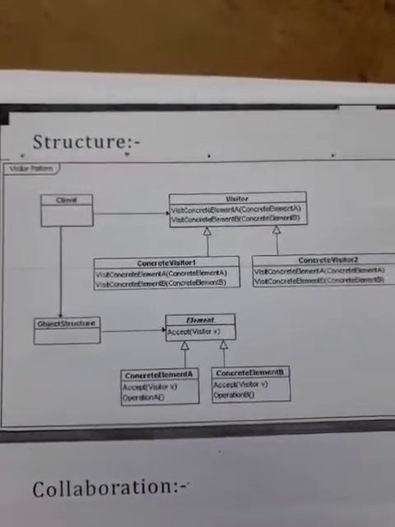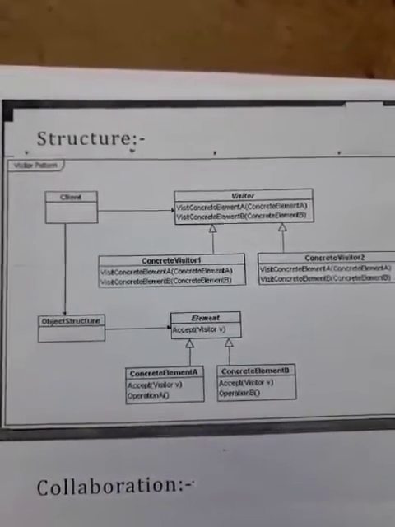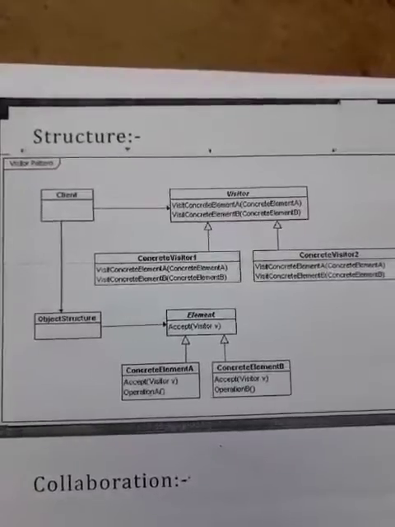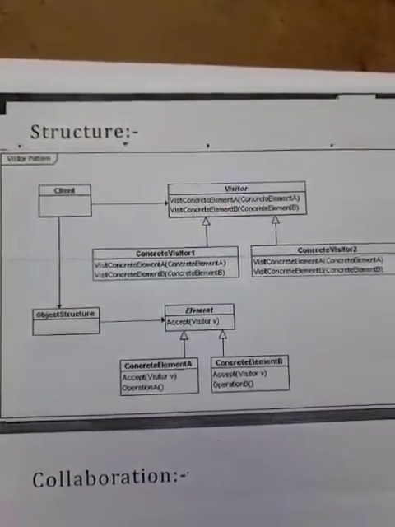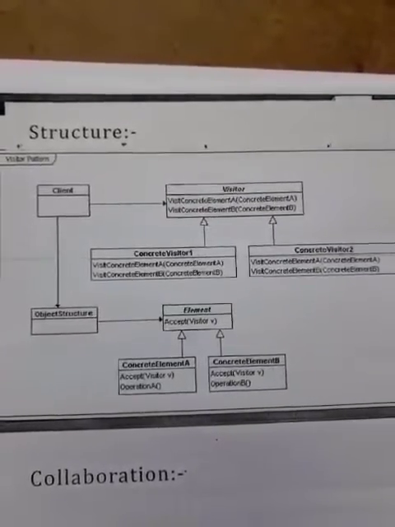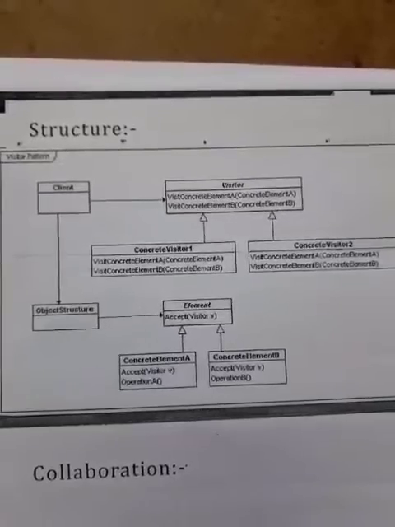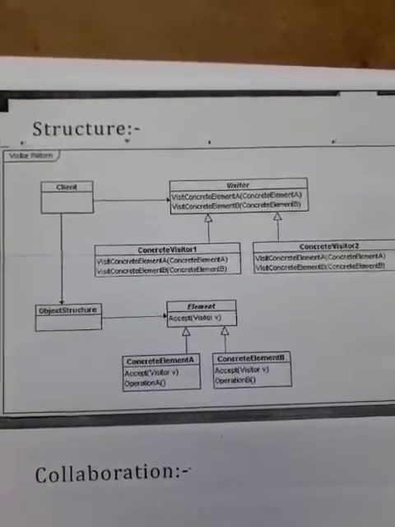Client is using the object structure. An example of an object structure is a collection such as a list or a set, that is nothing but an array list. As per the visitor design pattern, each element should accept the visitor object.